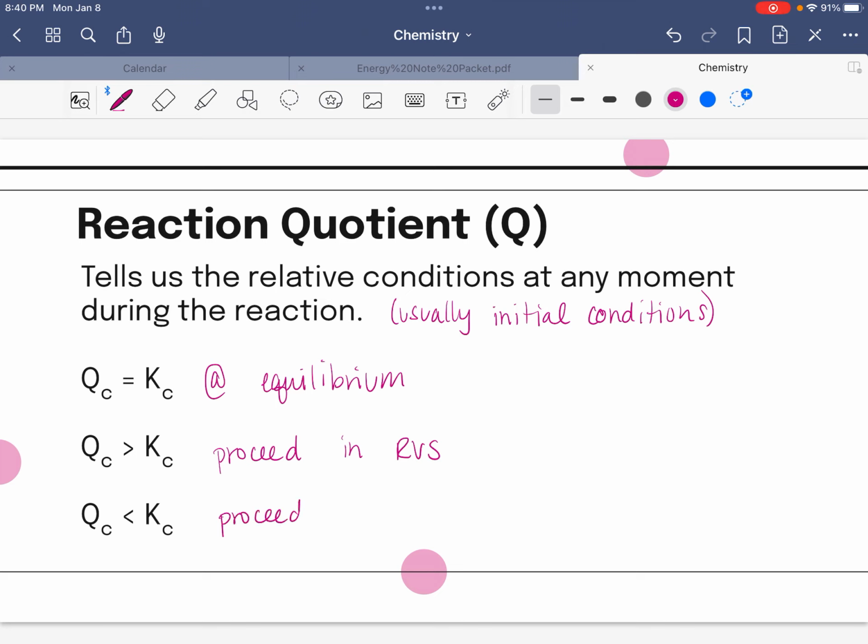So that's how I think about it whenever I'm comparing the two. If Q is larger than K, we went too far, so we have to go in reverse. Whereas if Q is less than K, it hasn't reached equilibrium, so it needs to continue forward to get to equilibrium.